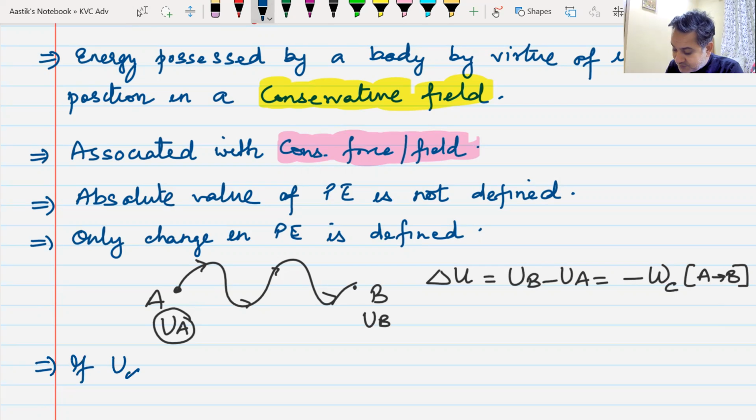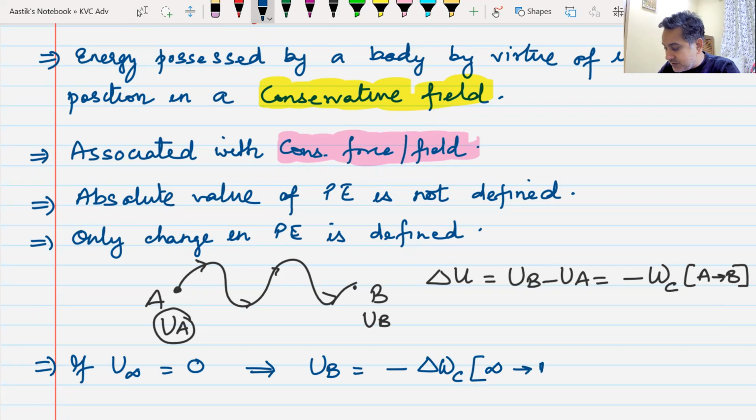If potential energy at infinity is taken as zero, then I can define potential energy at B as the negative of the work done by the conservative force in moving the object from infinity to point B. Do we understand this? Yes, sir.